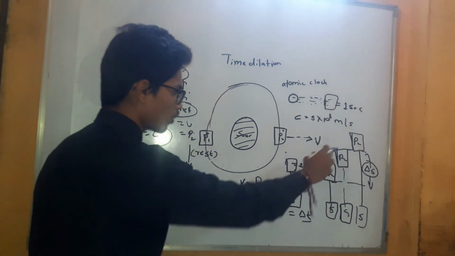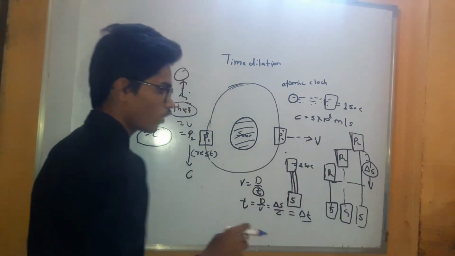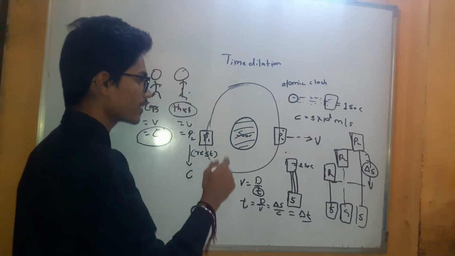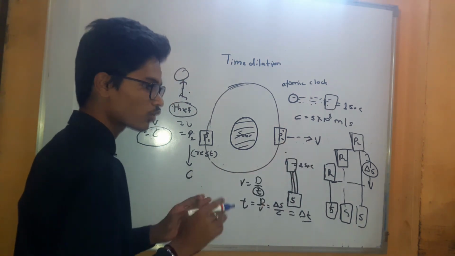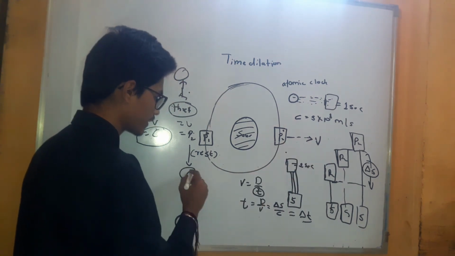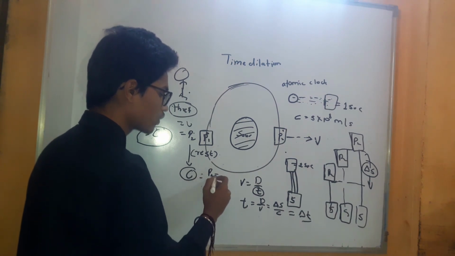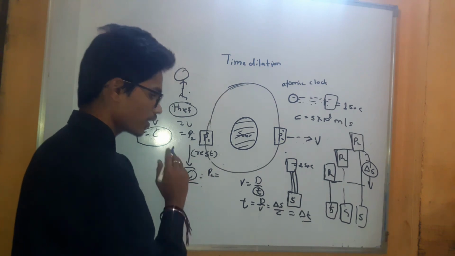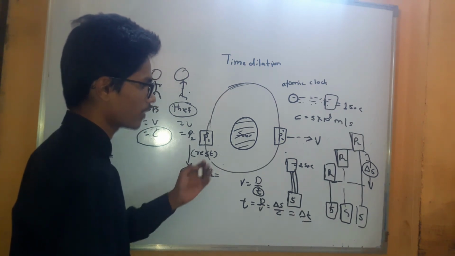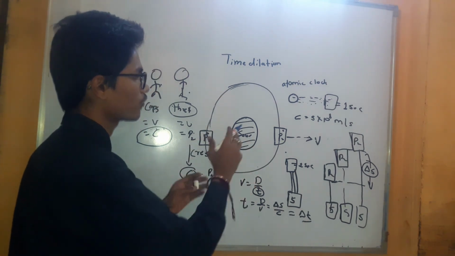Hence the atomic clock placed on P2 never registers anything, or it slows down. This means the time on planet P2 is not changing at any time if planet P2 is moving with the velocity of light. This is the thought experiment of time dilation.